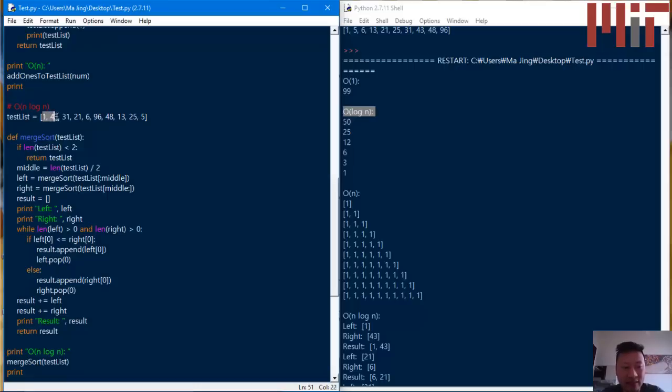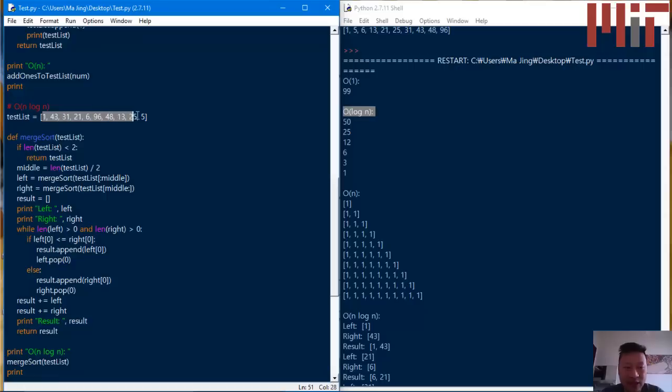And then again, this list is going to be divided into 2, and this one also. Does this sound familiar, these operations? 10 elements divided by 2, divided by 2, divided by 2. That's logarithmic time, right? That's big O of log n, right?